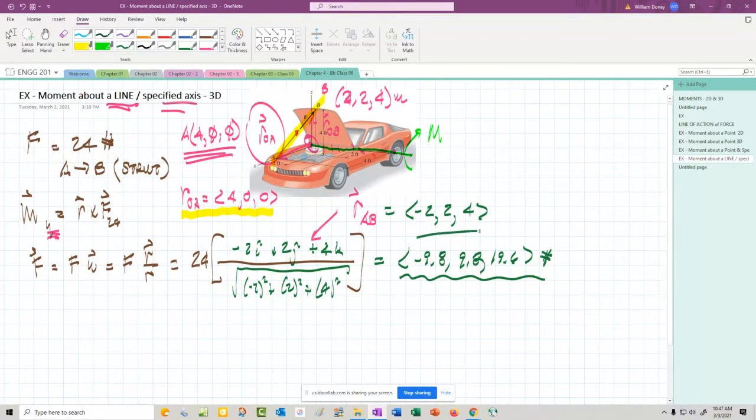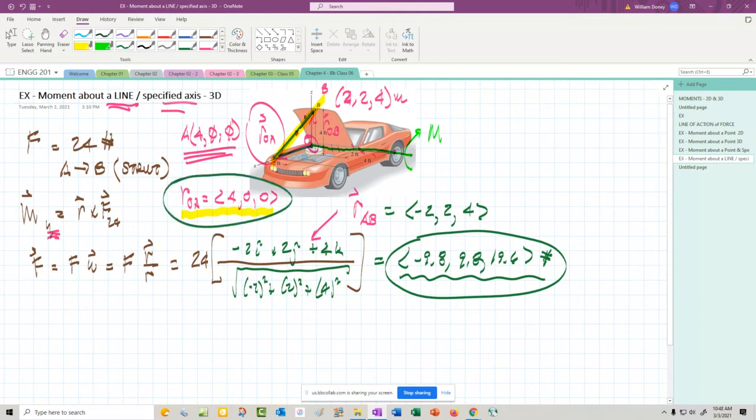Now, since I have the force, and I have the position vector that connects the force to the line, I can build my determinant here. So that'll be 4, 0, 0. This is -9.8, 9.8, 19.6.